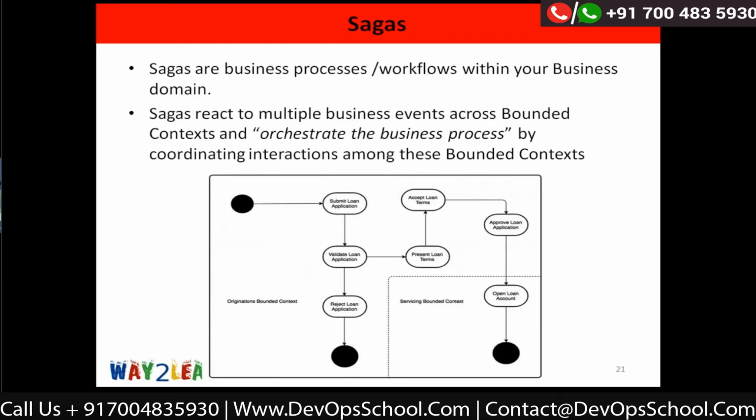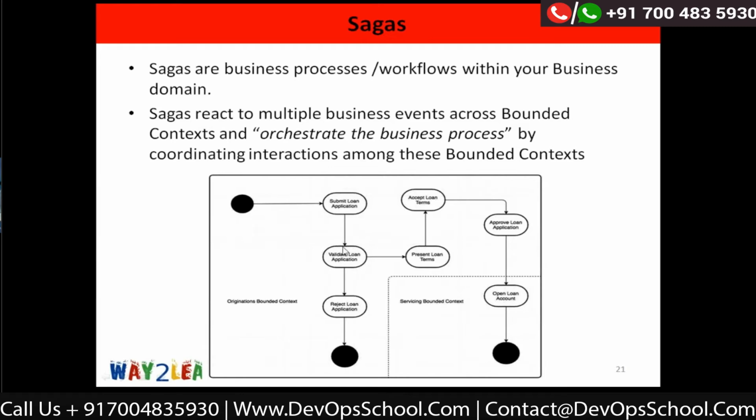Then you have to identify the workflows or business processes within your business domain. That is nothing but sagas. Sagas are business processes or workflows, right? Take an example in our originations bounded context. What is the workflow? First, somebody will submit a loan application. Then the loan application has to be validated.